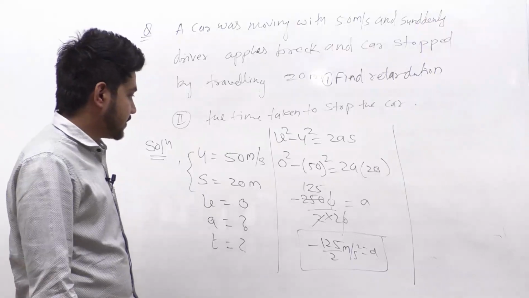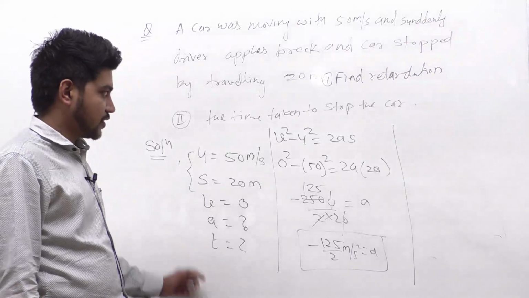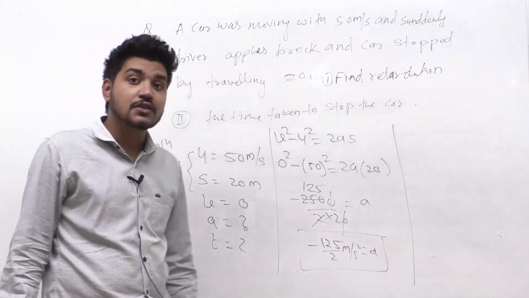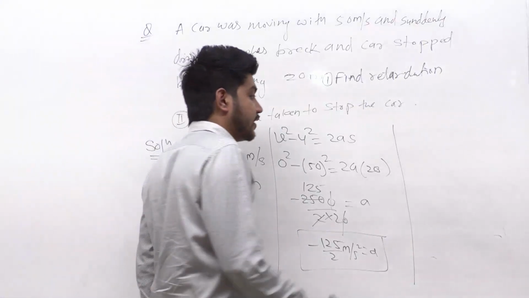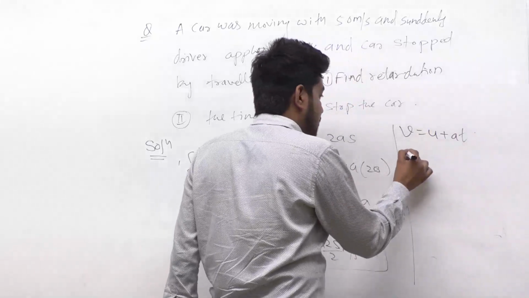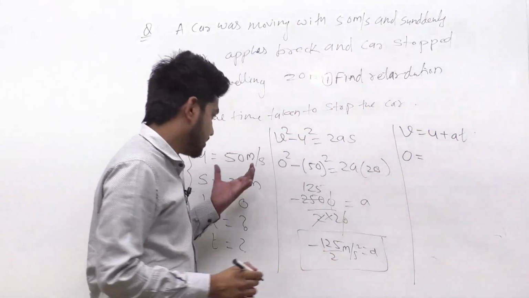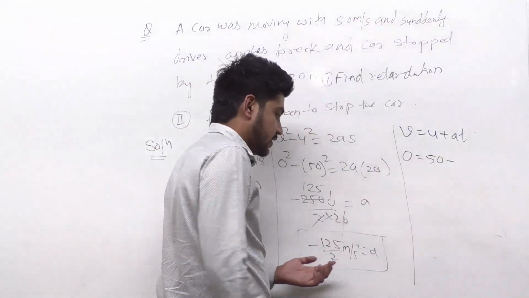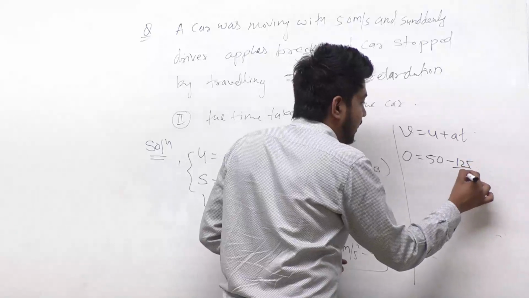Now the second part is we have to calculate the time taken to stop the car. Now we have acceleration, initial velocity, final velocity. So I'll use the equation v is equal to u plus at. So final velocity is 0, initial velocity is 50, minus at, acceleration is 125 by 2 into t.